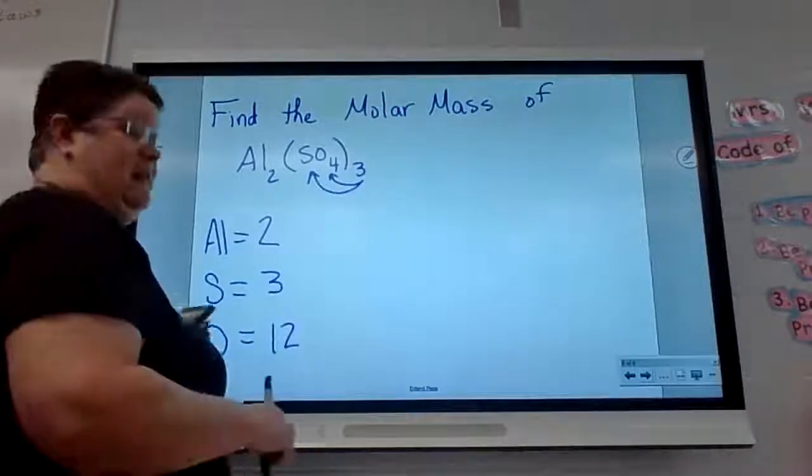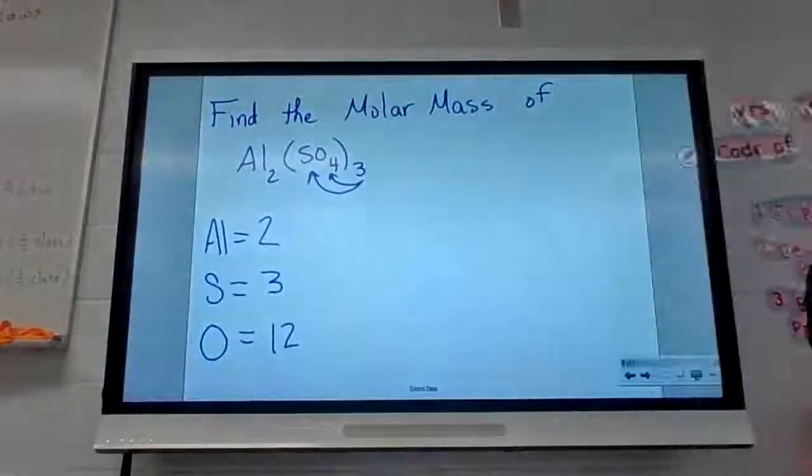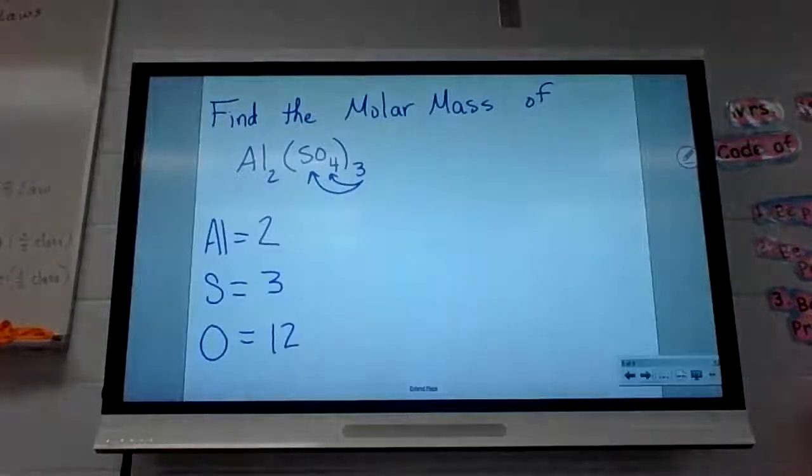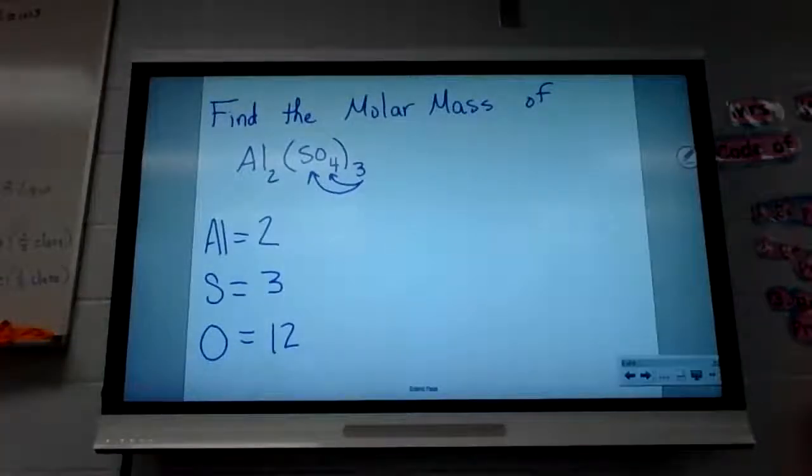Remember, parentheses in math class and science class mean multiply and distribute. So you have to distribute the 3 to everybody.